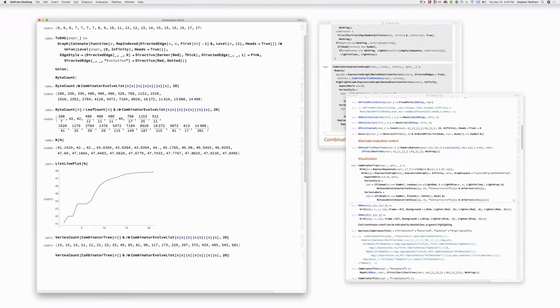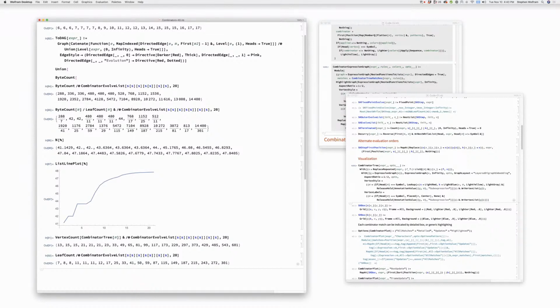No. I think I have a version of a combinator tree. Okay. All right, so combinator tree. Oops, I did that here. Okay, so let's compare that to, okay.